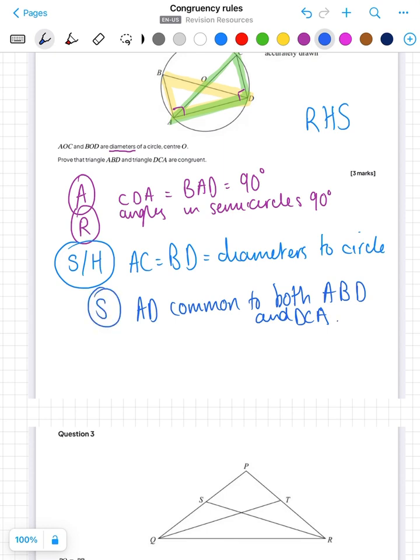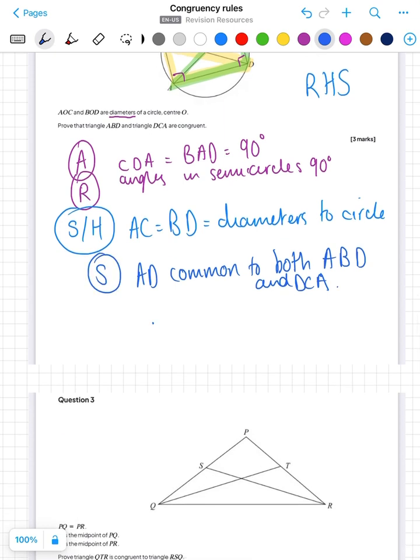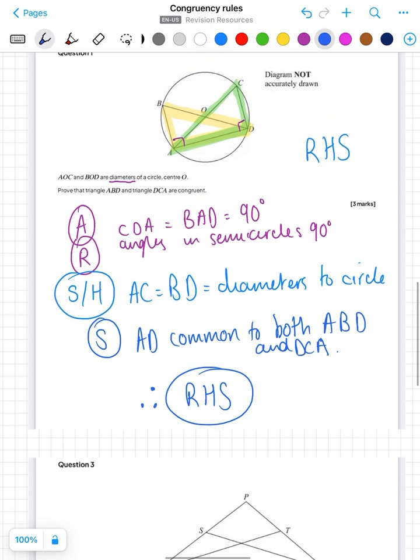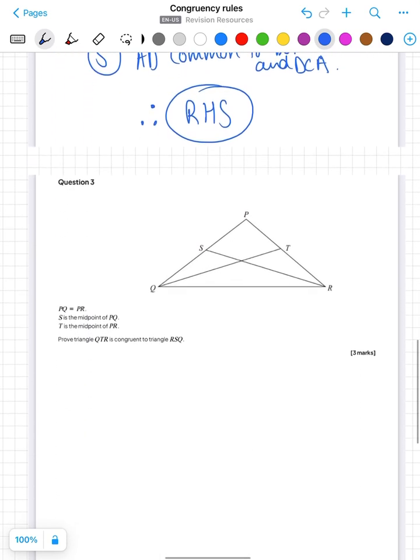So therefore that is the side. So therefore right angle, hypotenuse, side is the rule that we have proven, and that's our 3 marks. Let's try one more.